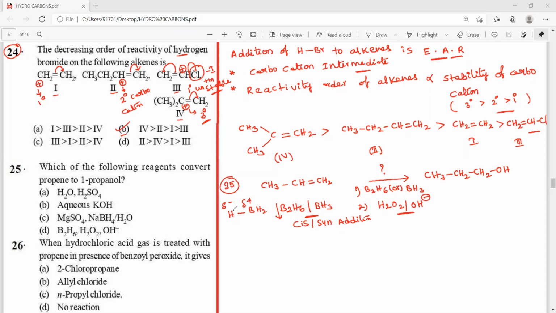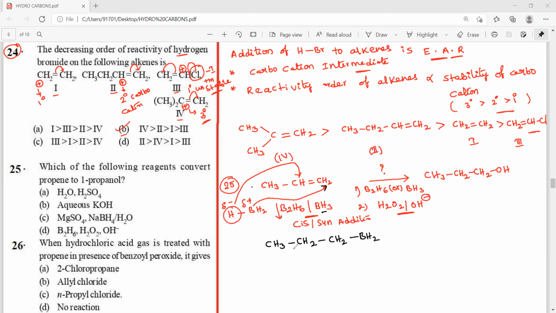That's why the hydrogen atom is added at the double-bonded carbon containing fewer hydrogens, and boron is added at the double-bonded carbon containing more hydrogens. Whether you take B2H6 or BH3, it will produce trialkyl borane, CH3 CH2 bond CH2 bond BH2.